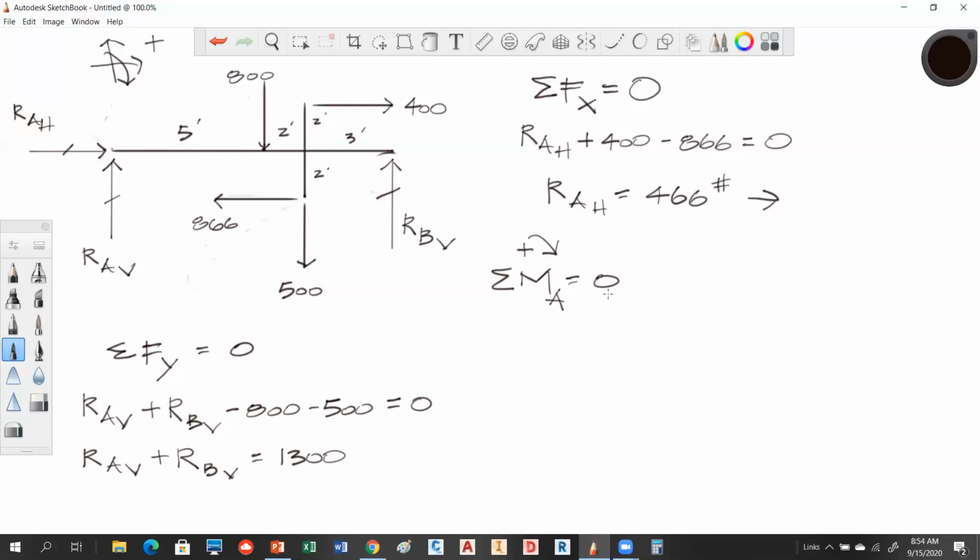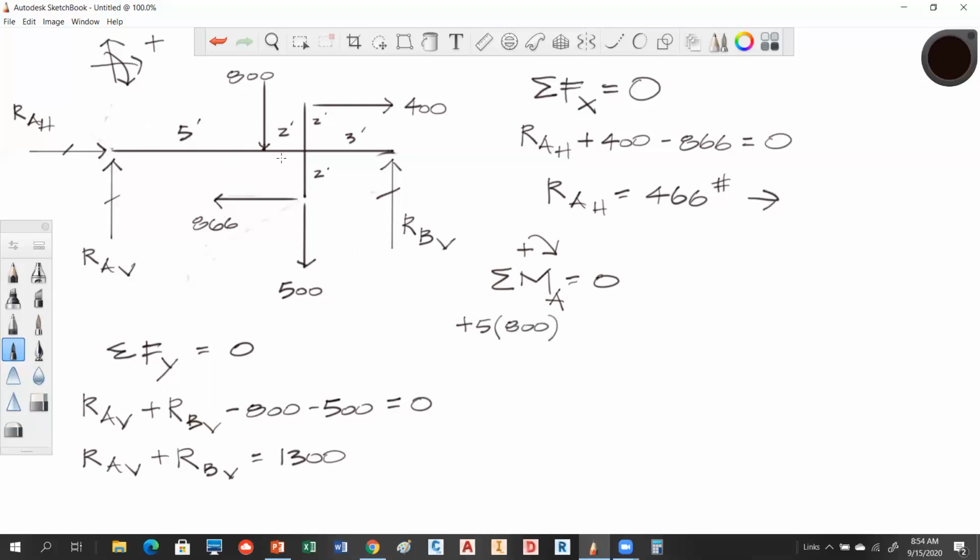So this gets to be a bit of a messy moment equation. So what we're going to do is look at this 800 first, and we notice that there's a 5-foot distance to the 800, and it's tending to turn this guy clockwise. So we're going to call that a plus 5 times 800.